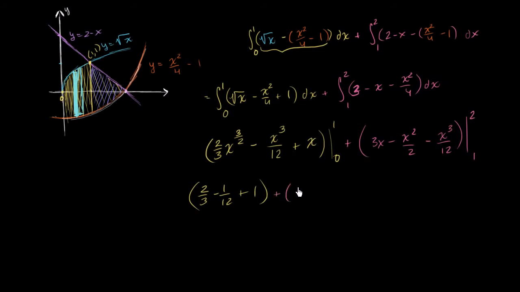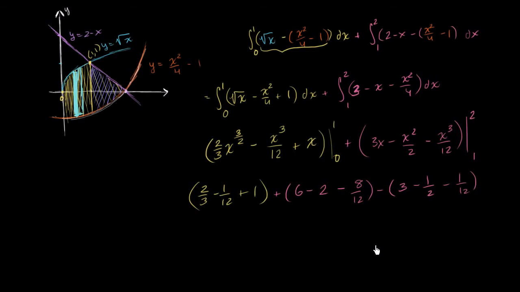You get 6 minus, 2 squared over 2 is 2, minus 8 over 12. From that, you subtract this evaluated at 1, so it's 3 minus 1/2 minus 1 over 12.